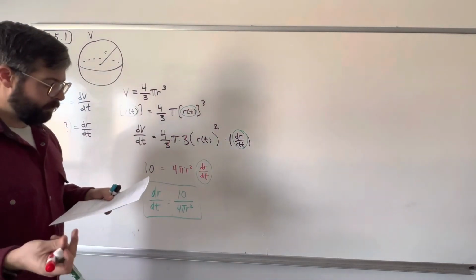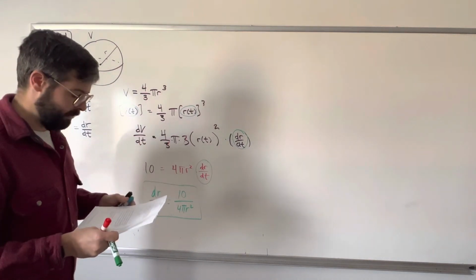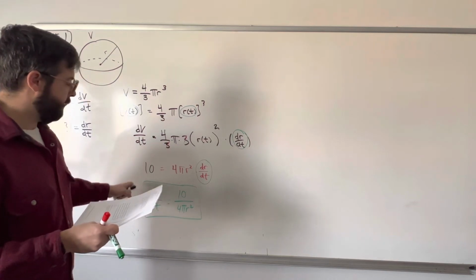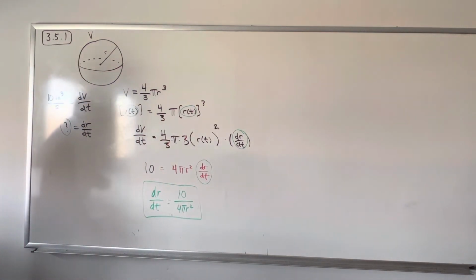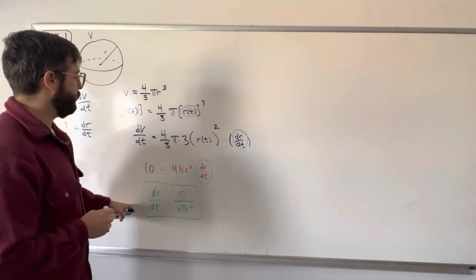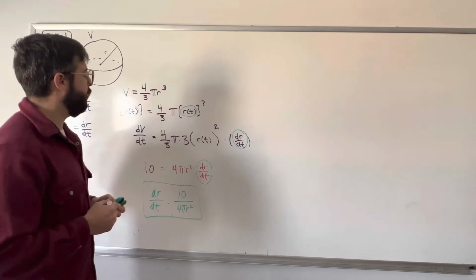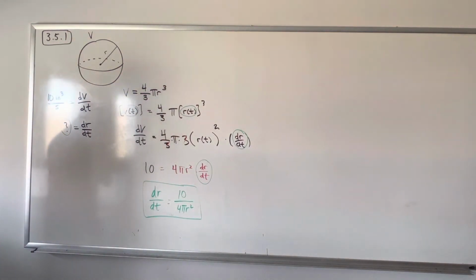The next question asks which is the constant rate. I've already said it's dV/dt. And let's find and compare the rates at d equals 9 and d equals 12. We need to know what the radius is at those points. Do we have an equation for r?